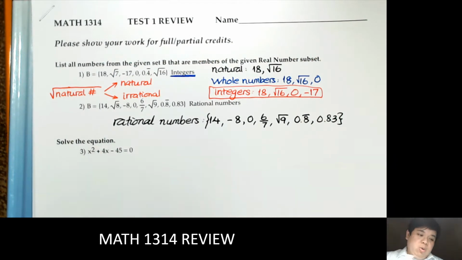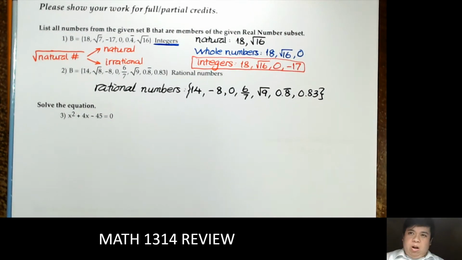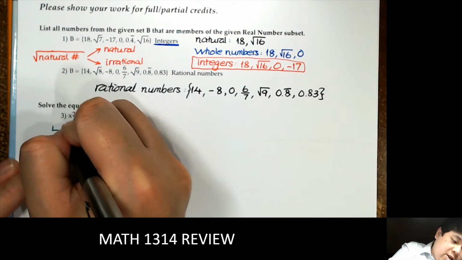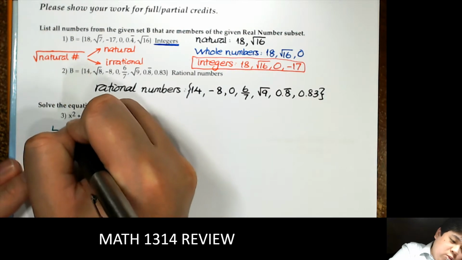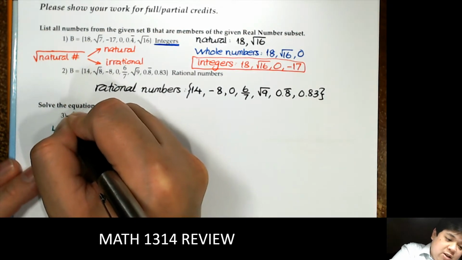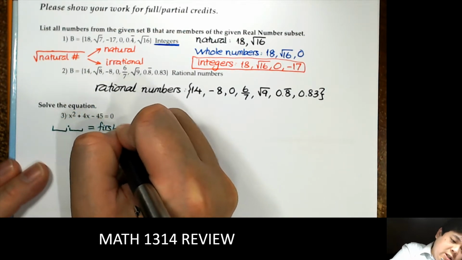Next we solve this equation. I'll use factoring and then the quadratic formula. You only need to do one. You can choose completing the square as well. Factoring, we'll take the first. We'll find two numbers that multiplied together equal the first times the last.